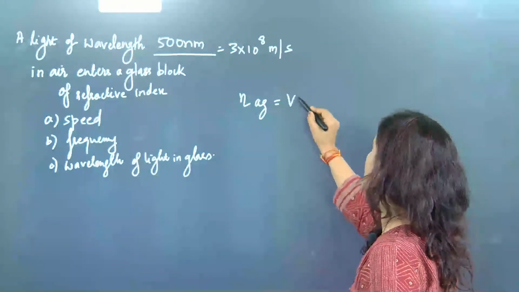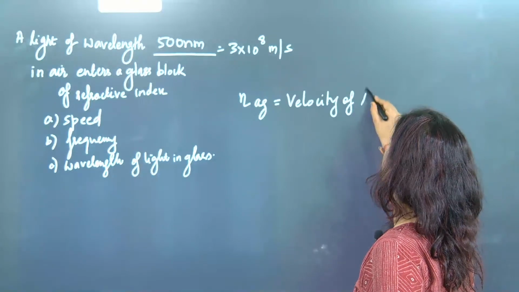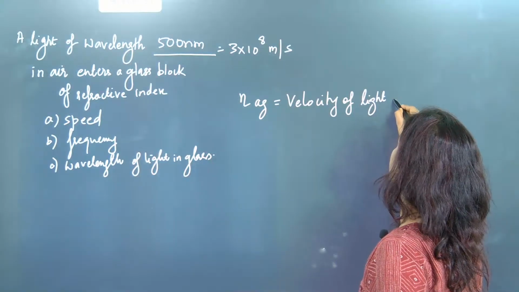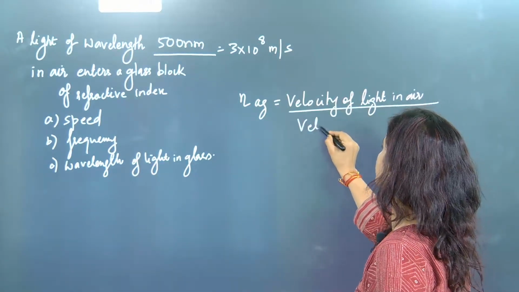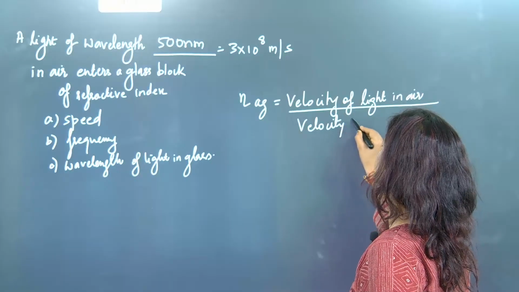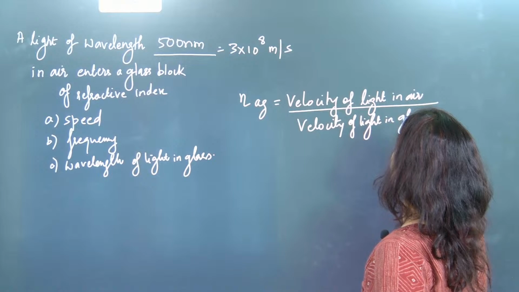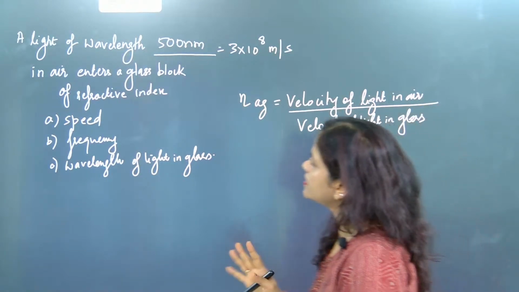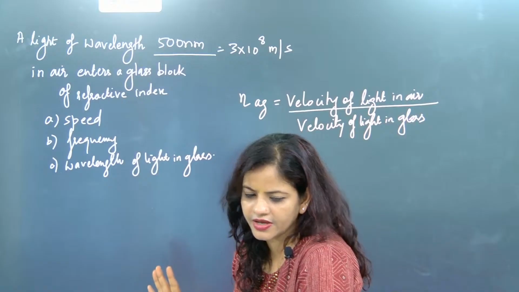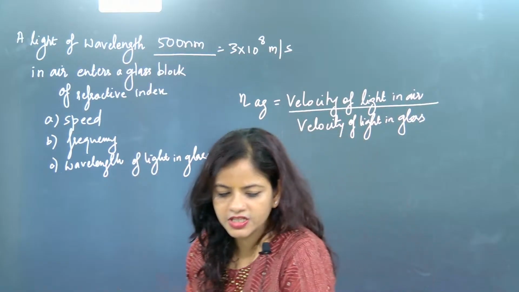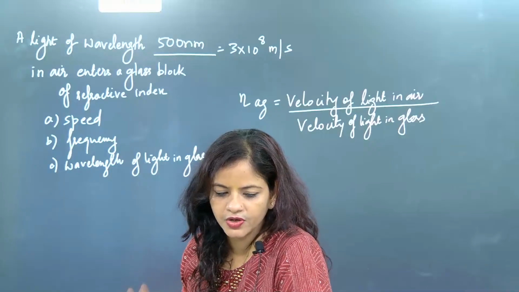We write the formula directly. The refractive index is not given for the velocity, but this is exactly given. So can you tell me the next part, what we can do? 1.5 is exactly given. Glass, we know that.